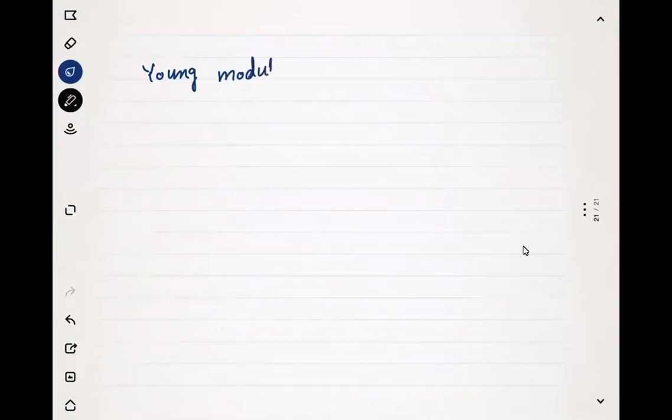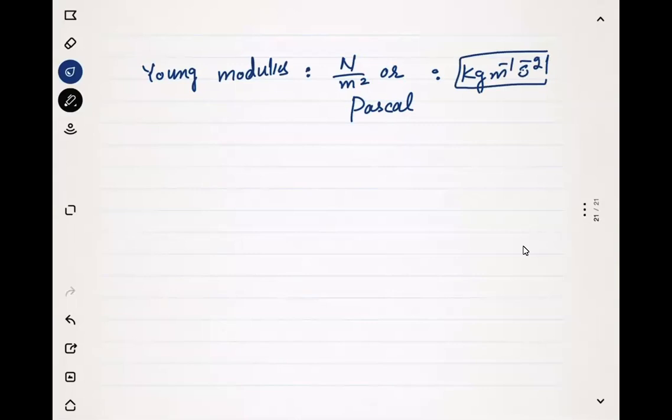Its unit will be Newton per meter square or Pascal. And its base unit is kilogram, meter minus 1, and second minus 2, same as pressure. So its unit and base unit is same as pressure.